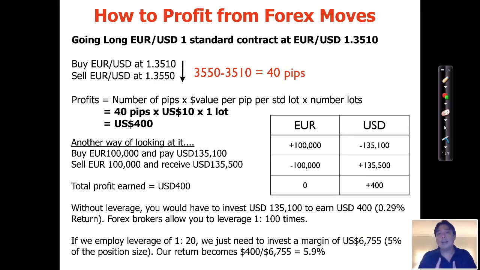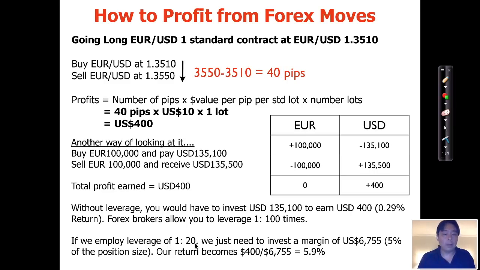But I can tell you that for me at least, when I trade Forex, I don't ever use more than 1:20 leverage. Brokers allow you to leverage 1:100, but for the purpose of trading, we will not be leveraging any more than 1:20.